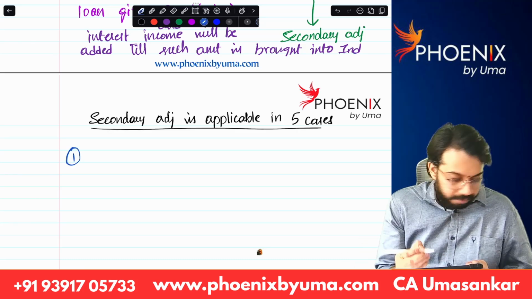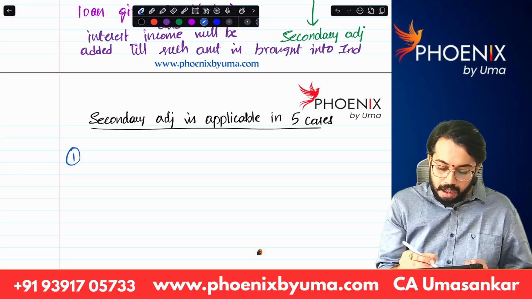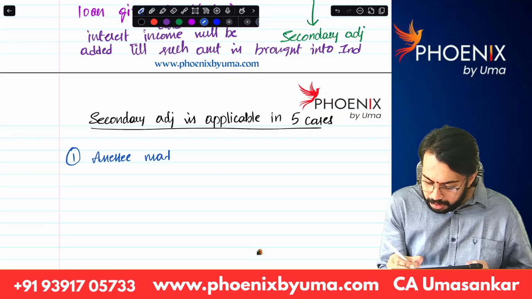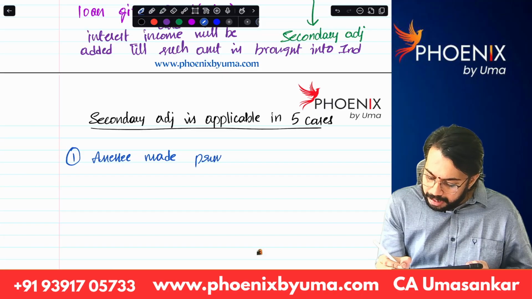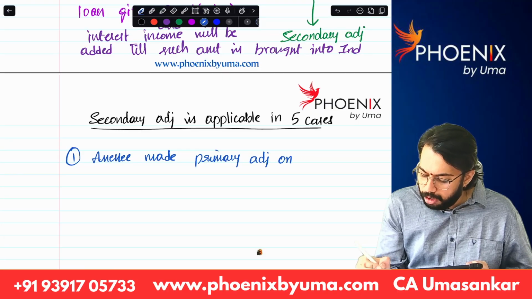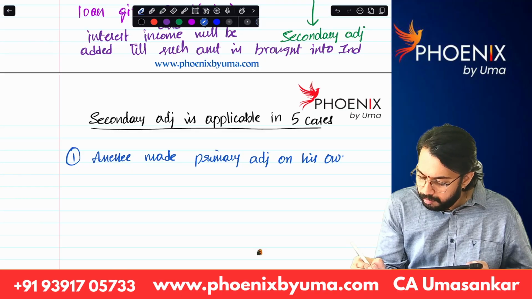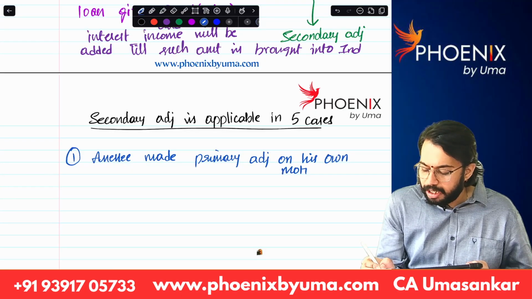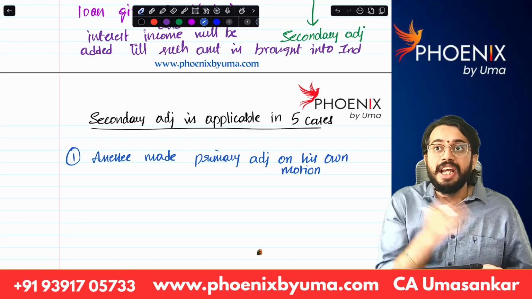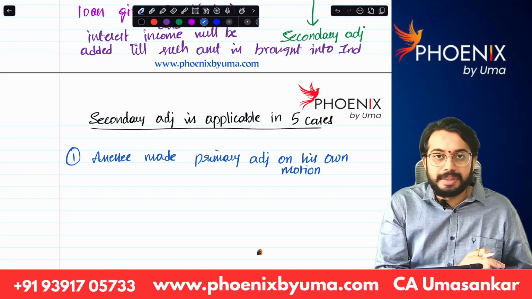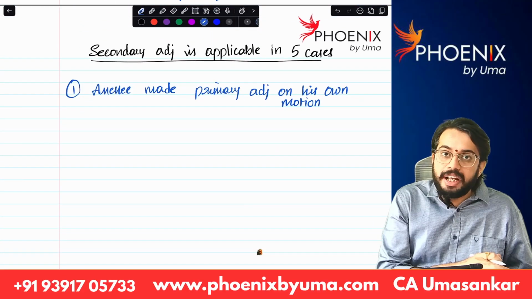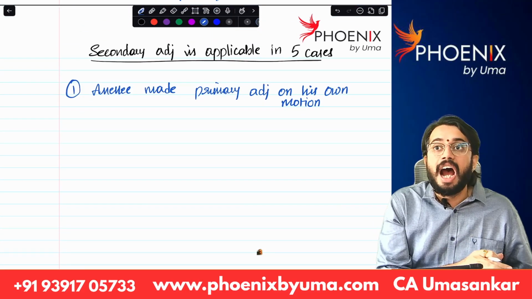Case 1, SSC made primary adjustment on his own motion. That means what? SSC himself calculated the arm's length price. If SSC himself calculates the arm's length price, then SSC is required to bring excess money to India within 90 days from ITR due date under section 139(1).